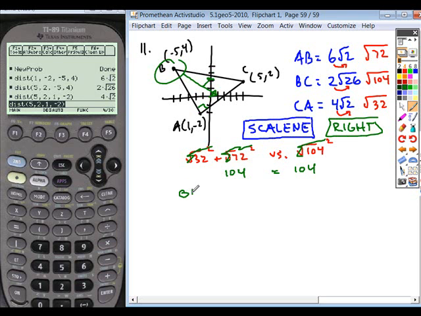Well, opposite and hypotenuse is sine. So we know that the sine of B is equal to the opposite side, which was AC, 4√2, over the hypotenuse, which was BC, 2√26. And so what we can do here is find the angle by taking the inverse sine of that ratio.